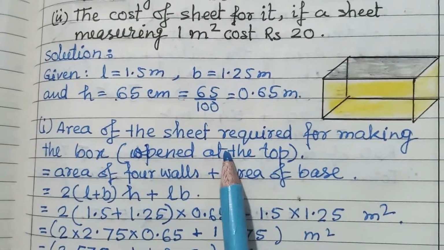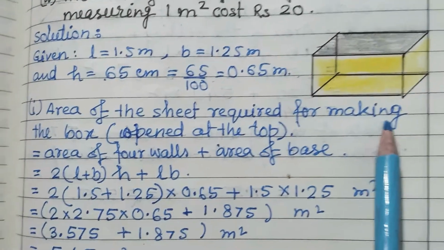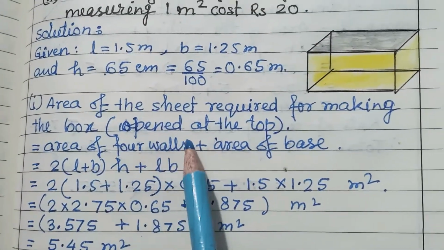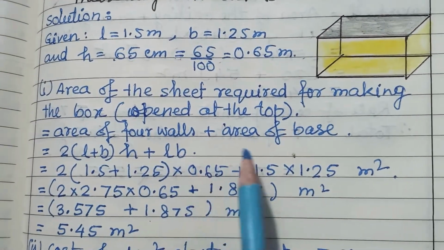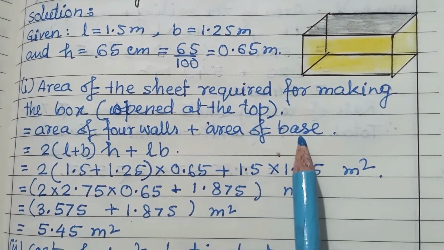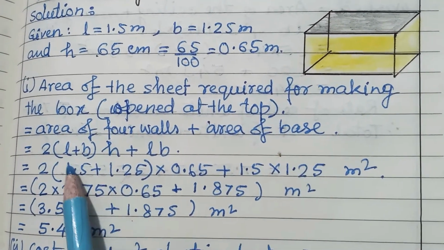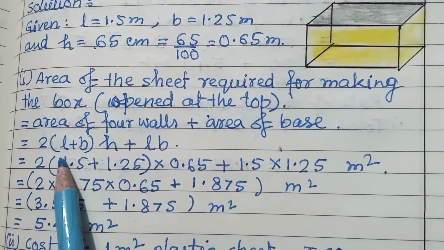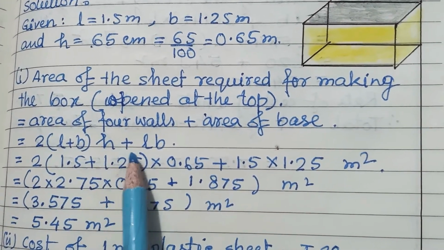The area of the sheet required for making the box open at the top is the area of 4 walls and the area of the base; we do not take the top one. So the 4 walls is 2 into (length plus breadth) into height, plus length into breadth.